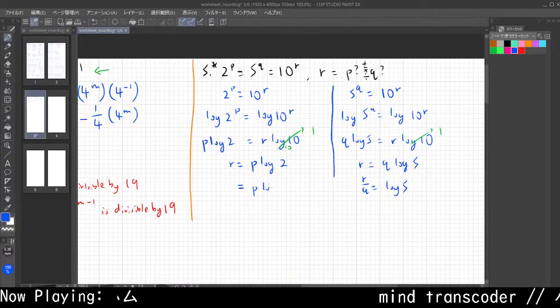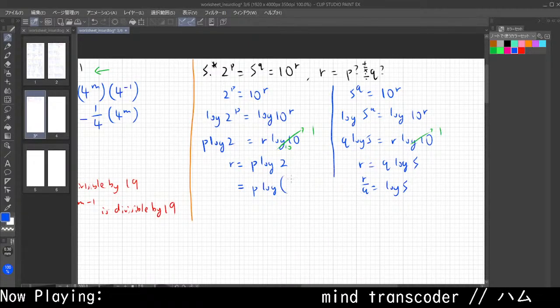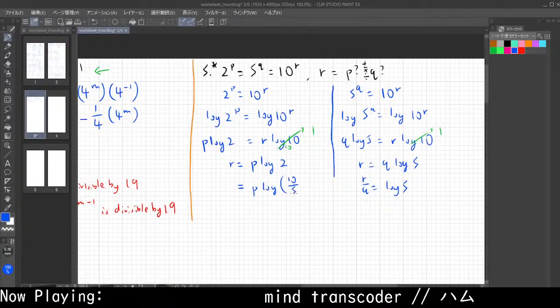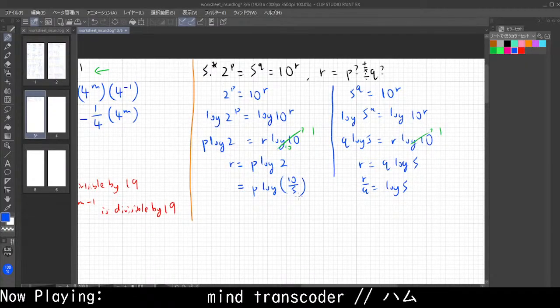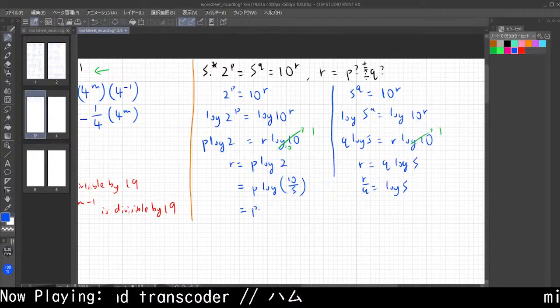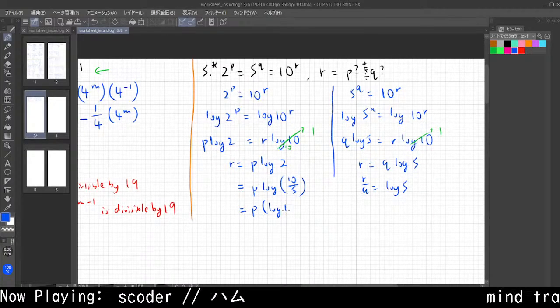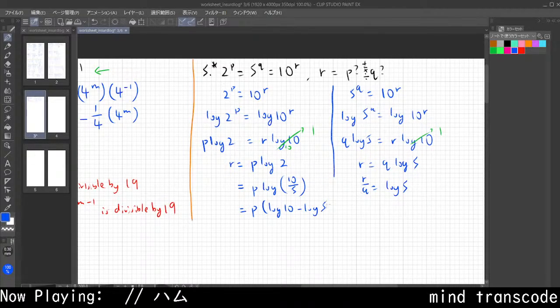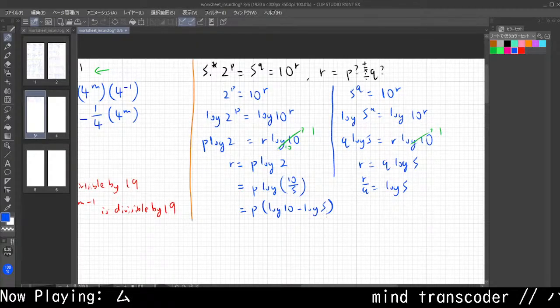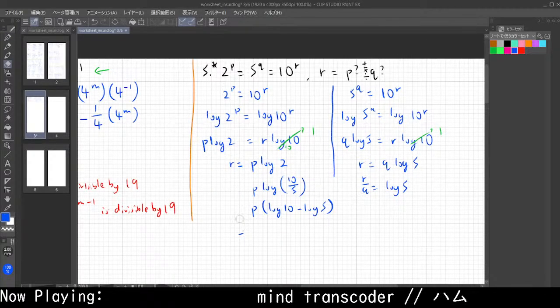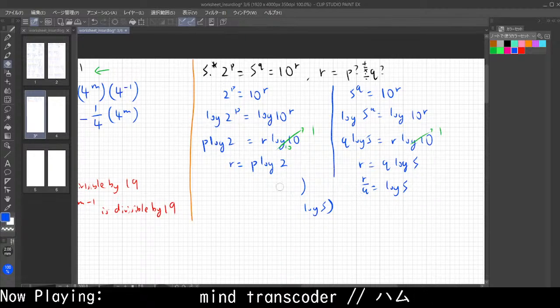Therefore, I can write log of 10 over 5. So I can do this. Then my p times log of 10 minus 5, I can basically do that. Then what happens next is, wait, let me use another color because it is effectively a different part already.